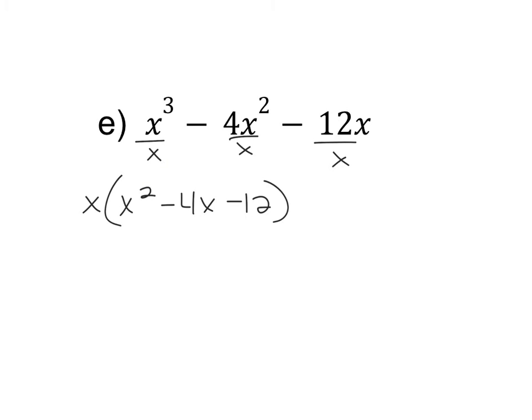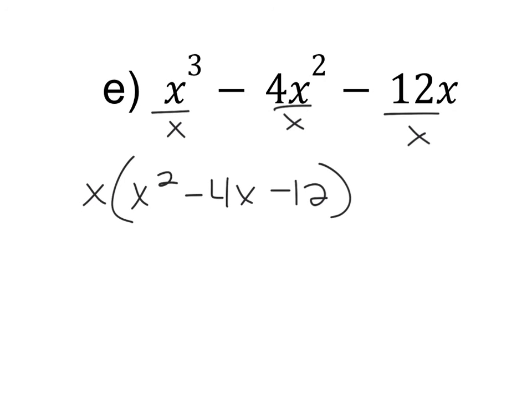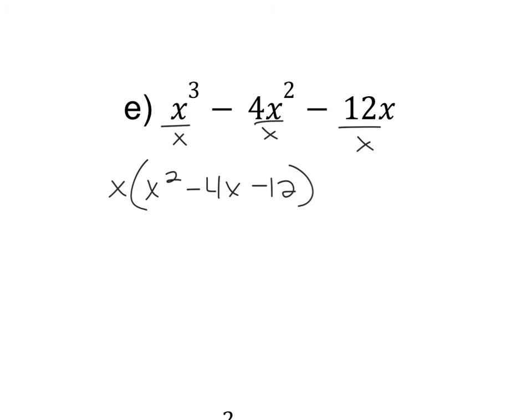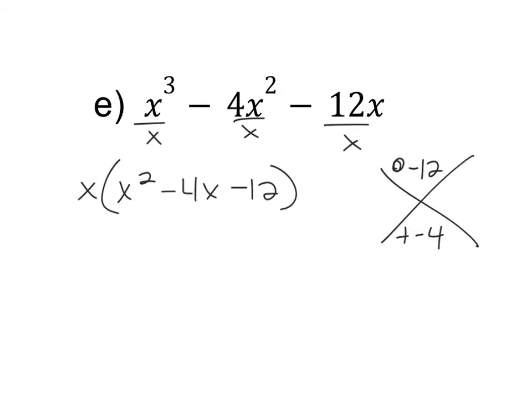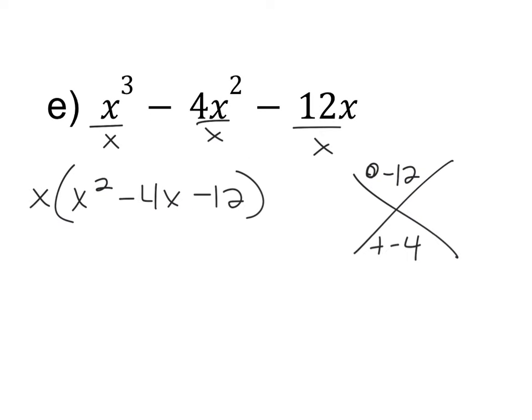Okay, so let's go ahead and do our product sum x. So we need something that multiplies to be -12 and adds to be -4. So remember, if it multiplies to be a negative, you need a positive and a negative. And then since it adds to be a negative, you know your bigger number is going to be negative.